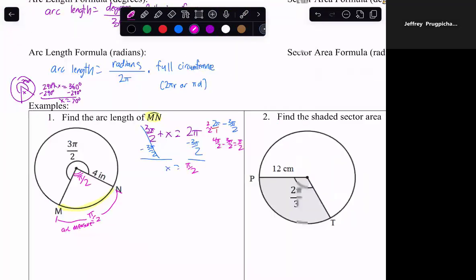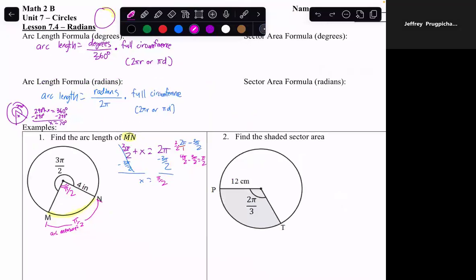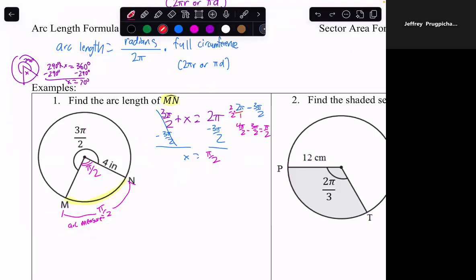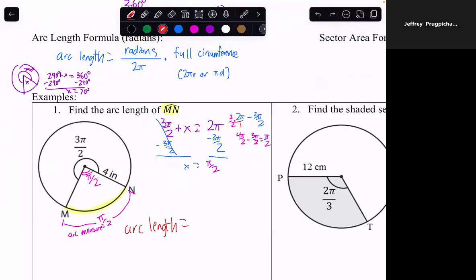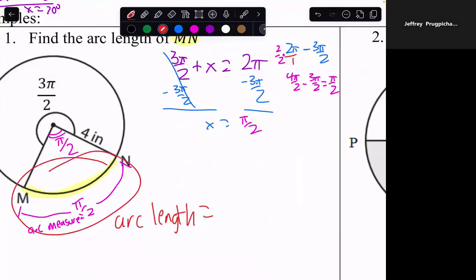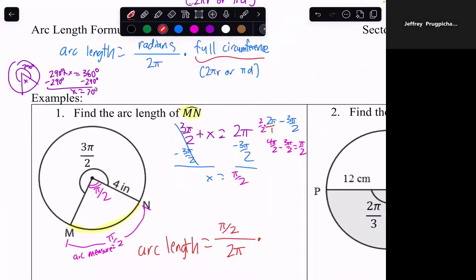So what we need to do is use our arc length formula. Arc length equals radians over 2 pi. This arc measures pi over 2, but that's just the numerator. You still have the divided by 2 pi, and then times the full circumference.